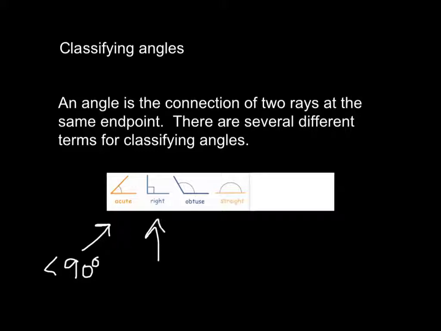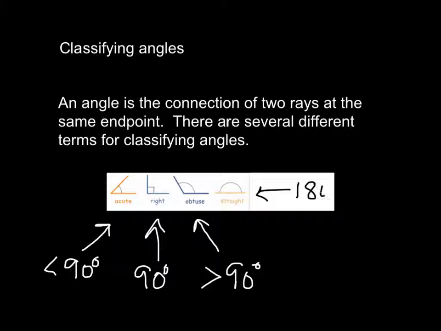A right angle is 90 degrees. An obtuse angle is greater than 90 degrees, and a straight angle is exactly 180 degrees because it's two right angles put together.